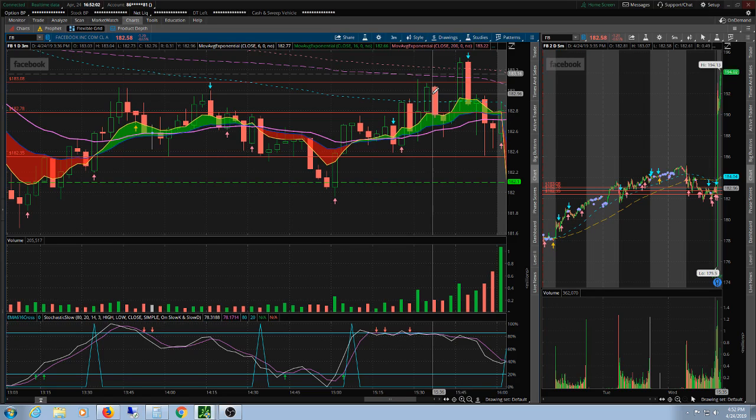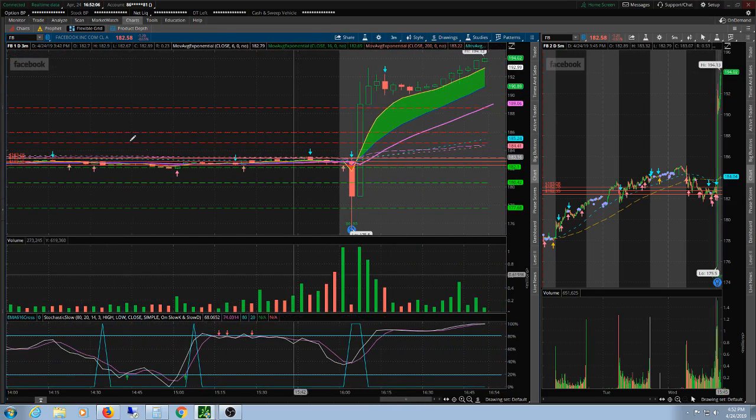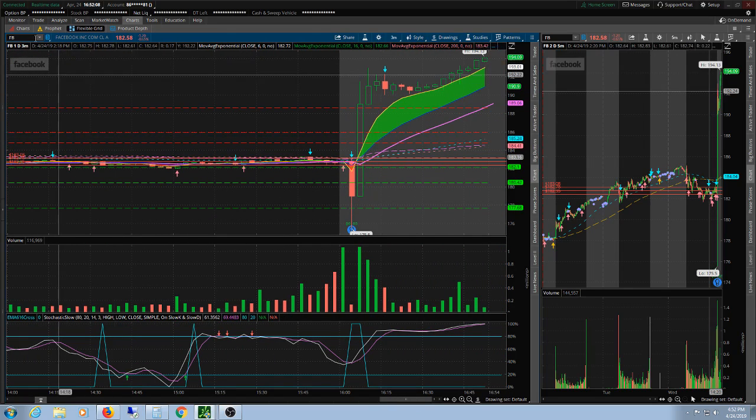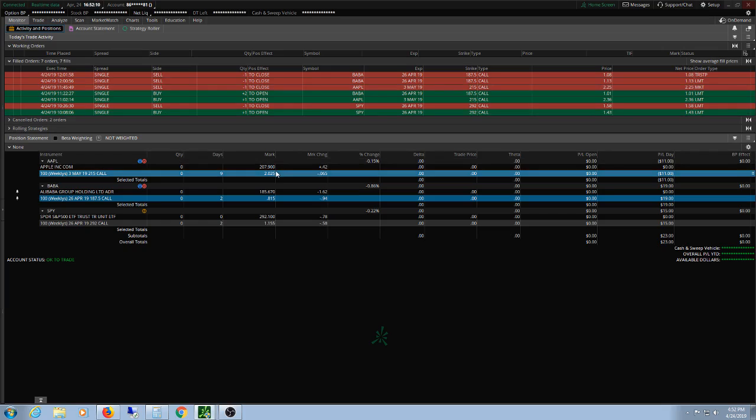So all in all, it was a pretty good day trading. Like I said, I'm doing smaller position sizes, smaller amounts. You see, I'm only up $23 for the day, but more or less what I'm trying to do is show that you can do this with small amounts.